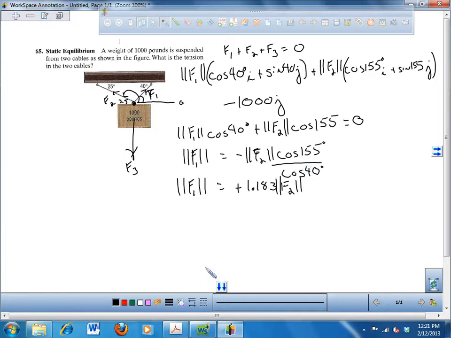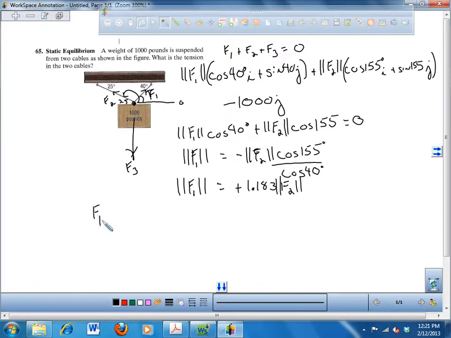All right? So now we have an expression relating force 1 and force 2. And now I have to find another expression. Well, I also know that the vertical components, when I add them together, it's not moving up and down, right? So those have to add up to 0 as well.